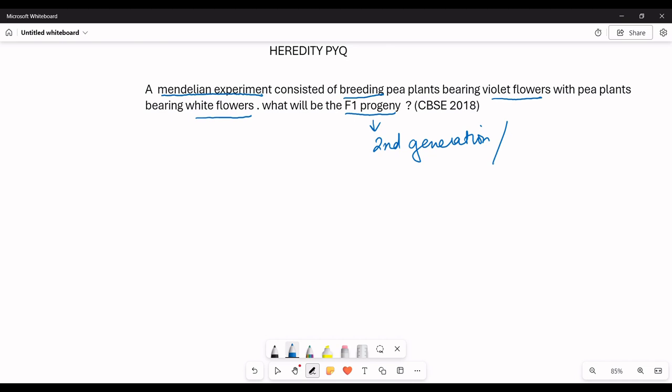Now let us see what the parents will be in the Mendelian experiments. The first parent will be dominant pure and the other recessive. Now recessive is always pure, right? So dominant pure here in this case is the violet flower.